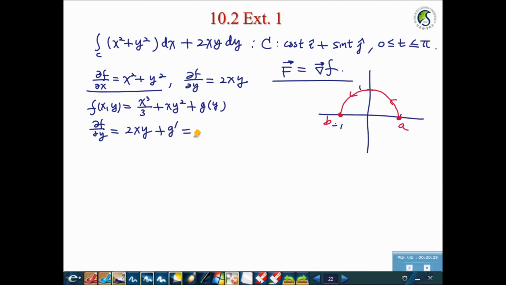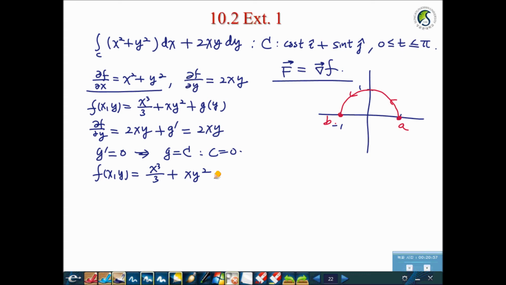This must match df over dy, which is 2xy. So here g prime is 0, same thing. g is c, and we take c to be 0. And so f of x comma y is x cubed over 3 plus x y squared.